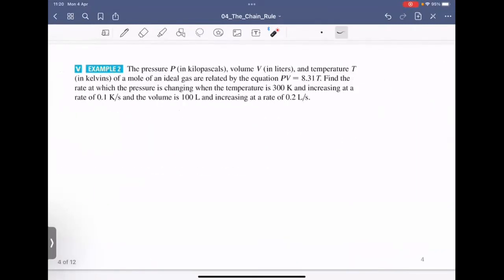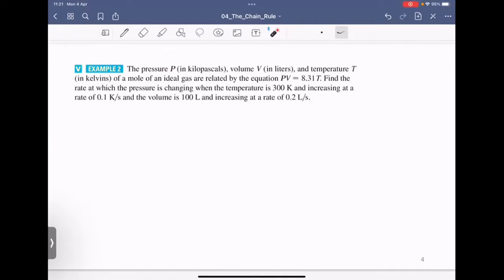Let's take a look at an example that matches with something that you learn in chemistry, or some applications or something like that. Okay. Let's start by looking at example 2. So the pressure P in kilopascals, volume V in liters, and temperature in kelvins.